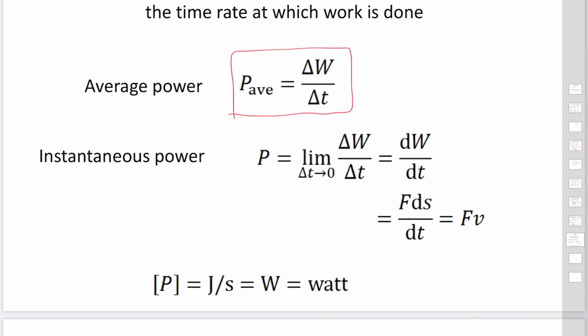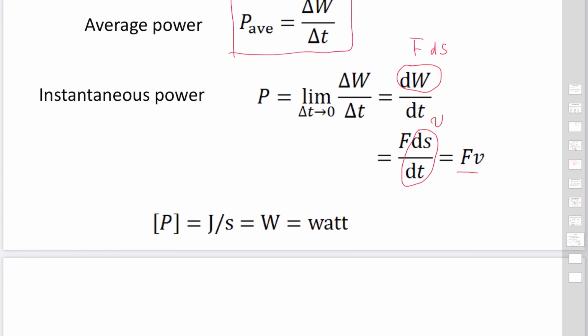So power equals dW/dt, and dW is F times ds, where ds is the displacement vector. So F ds/dt, and ds/dt is equal to v, the velocity. So power is expressed as force times velocity.